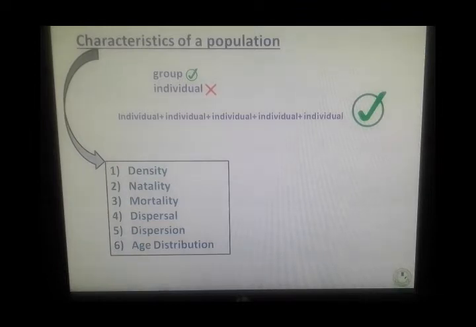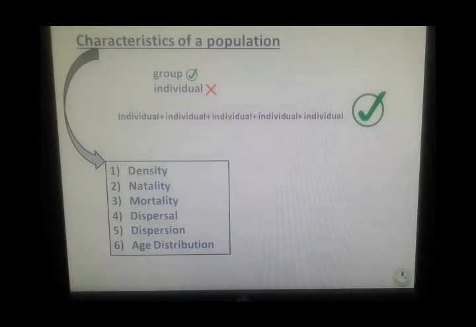Therefore, there are 6 different parameters which will be helping us to understand the characteristics of a population, which are displayed here.